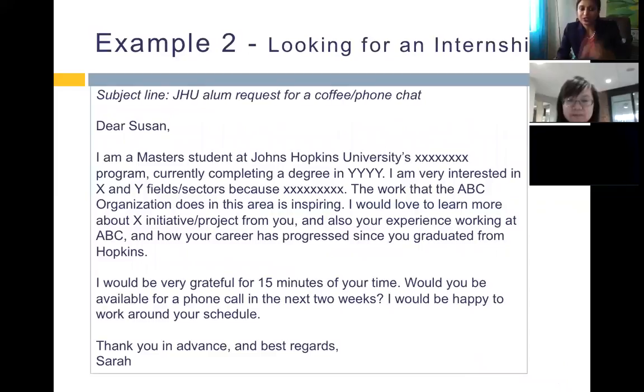So this is your situation right there. This is specifically for reaching out to alumni. If you are reaching out to an alumnus, make sure you put in the subject line that you are a Hopkins student and this is an alumni request.